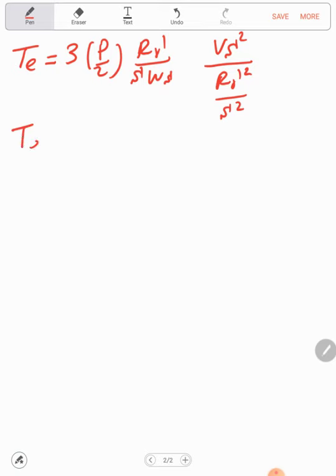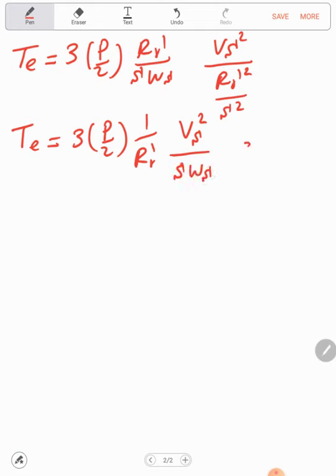Now this can be written as 3P over 2 times 1 over Rr' times Vs square over s omega s times s square.